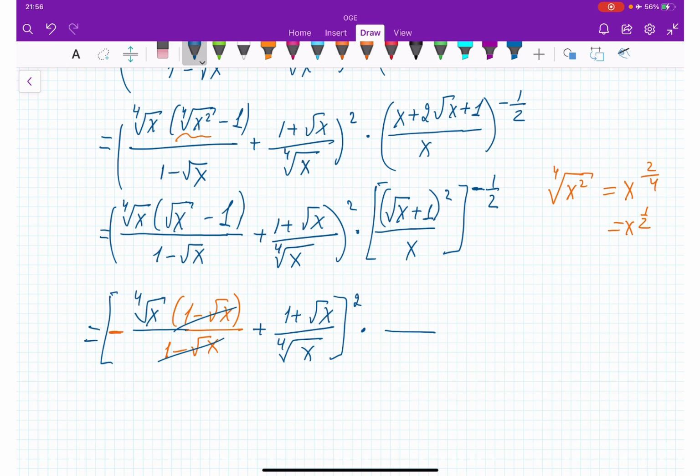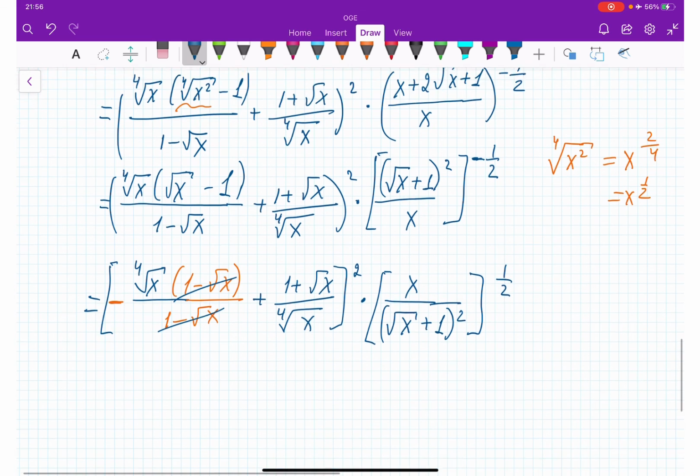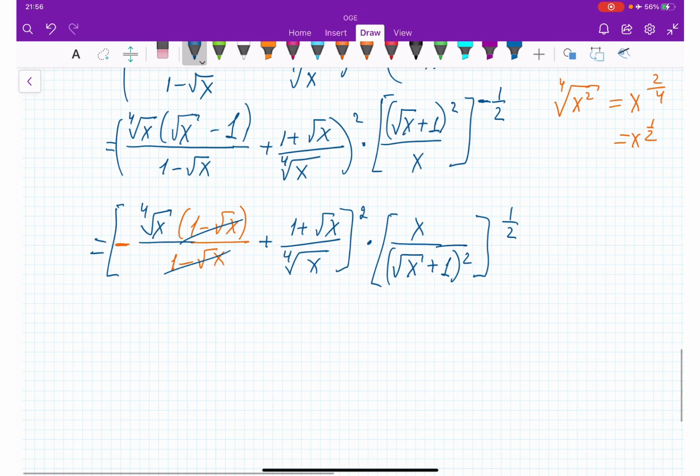Okay, x here, (square root of x plus 1) squared, and all this to the power 1/2. We got a negative exponent, so we get rid of it.